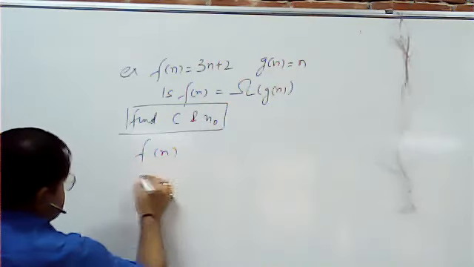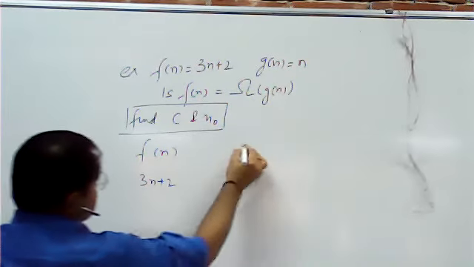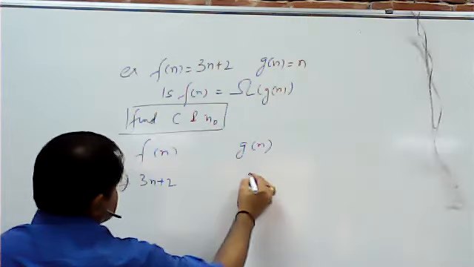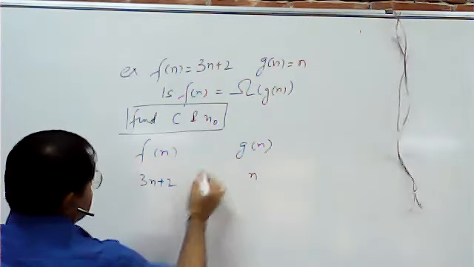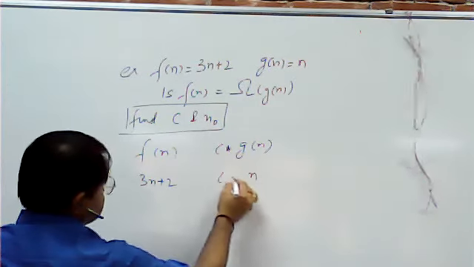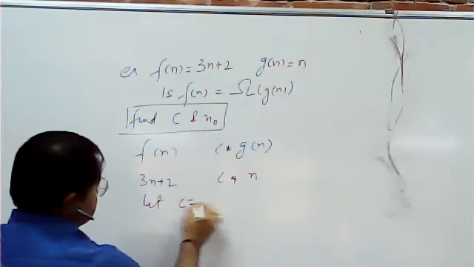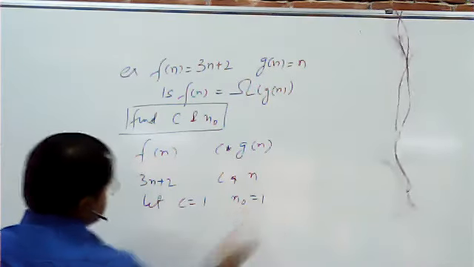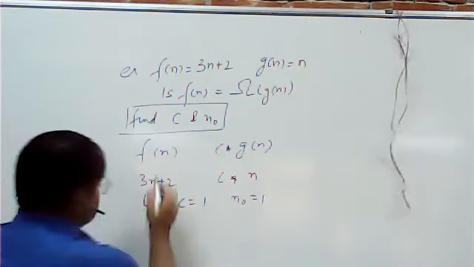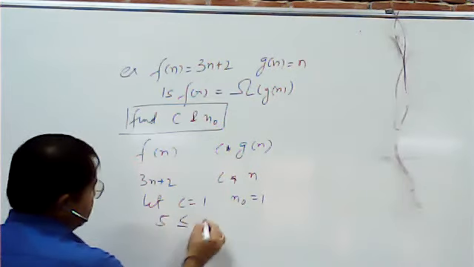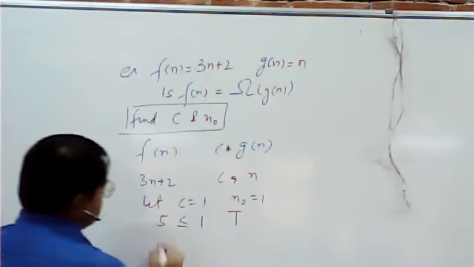We have Fn equal to 3n plus 2 and Gn equal to n. So let C equal to 1 and n naught equal to 1. Here 1 is less than or equal to 5, so the condition is true.